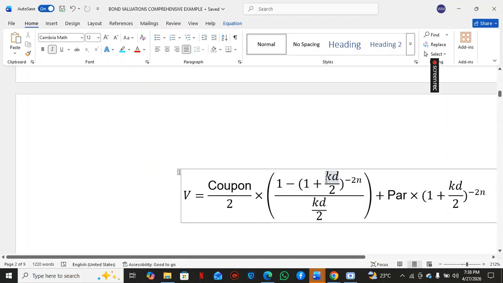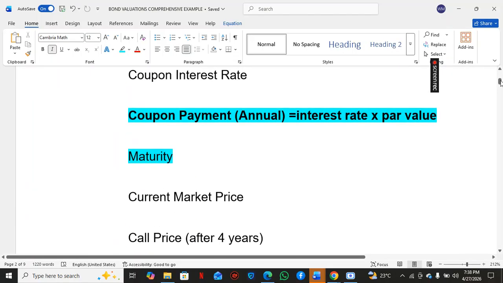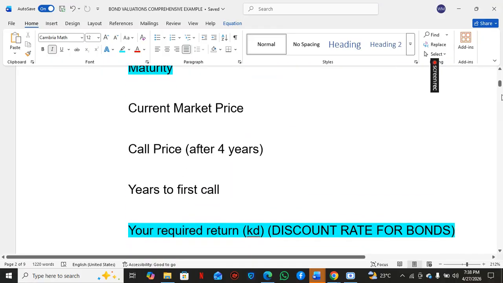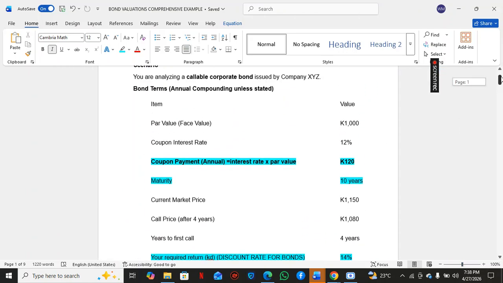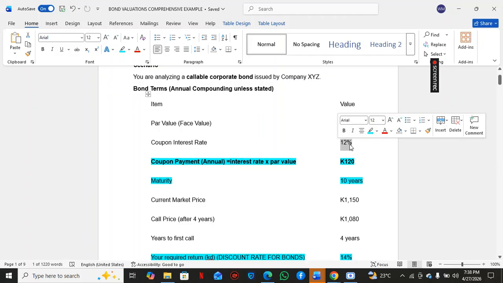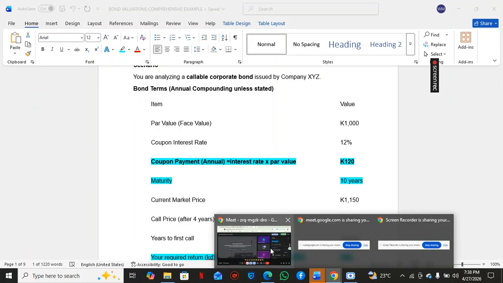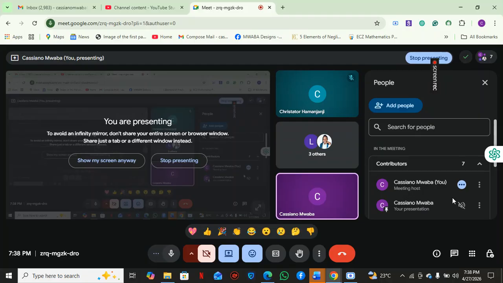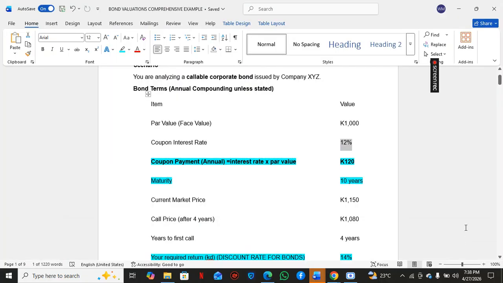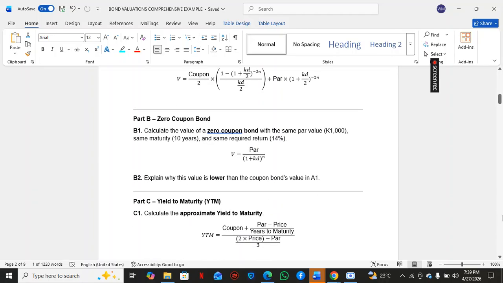Or, if you are not comfortable with dividing the coupon, the interest payment, by two, what you can do is divide the interest rate by two, and you're going to get 6%. Then calculate the new payment. Either way, the same thing is going to happen.